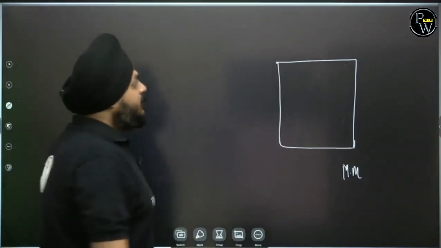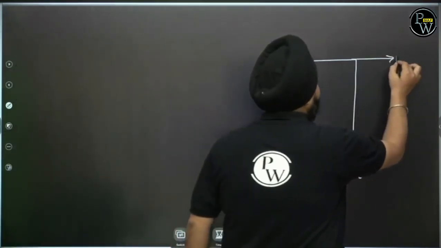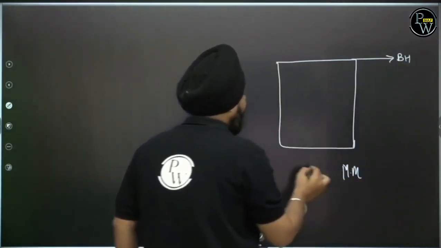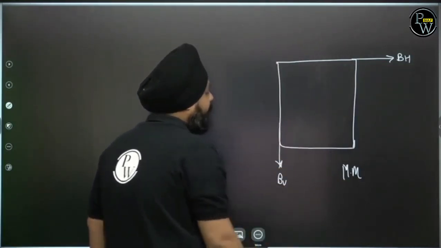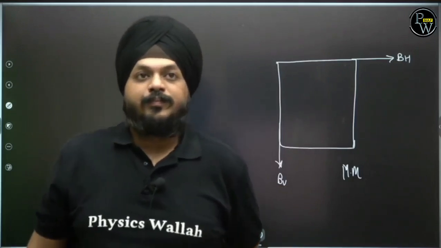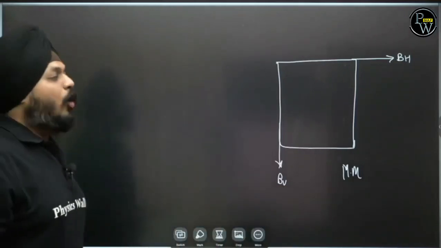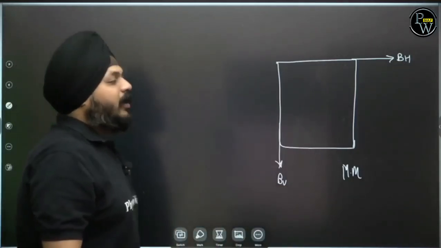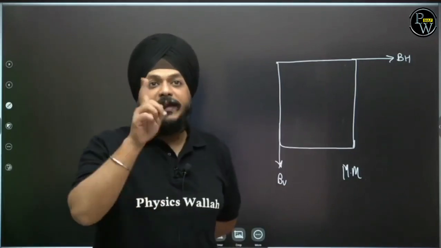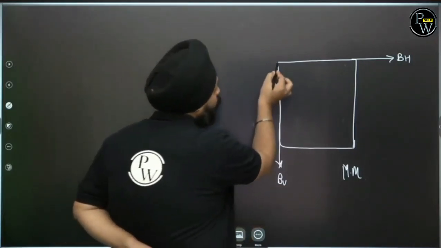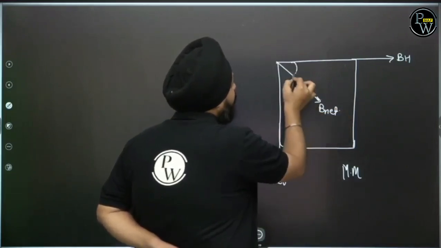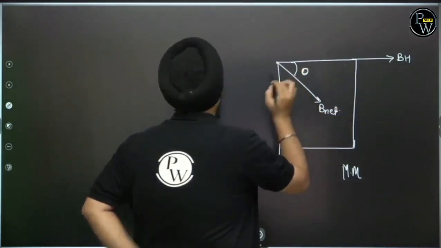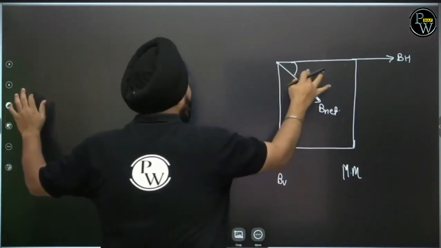This is the horizontal component and this is the vertical component. This is the net magnetic field, and whatever angle it makes is theta, the true dip.